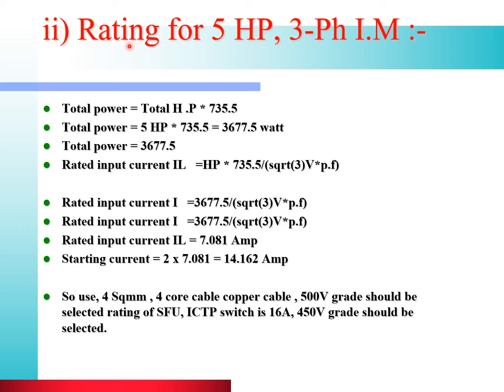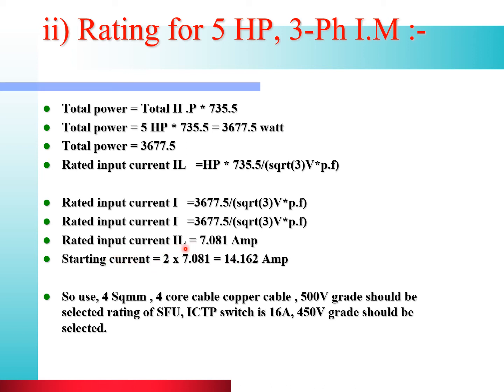Similarly, the rating for the 5 horsepower 3-phase induction motor is calculated by the same formula. Here in place of HP you have to write 5 HP, and the rest of the calculation is the same.